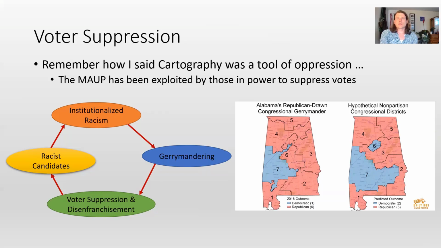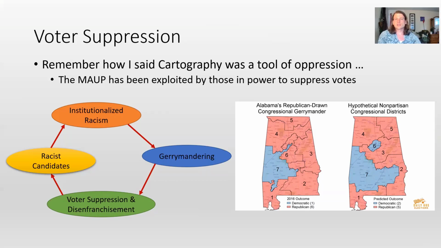This is also known as cracking and packing, where the state or the body in charge of drawing the electoral districts is using census and voter registration information to try and force all or many of the Democratic voters who happen to be in Alabama, mostly Black individuals. They try and force them all into one district, concentrate them, and then disperse the leftovers among the other congressional districts in order to minimize the vote.